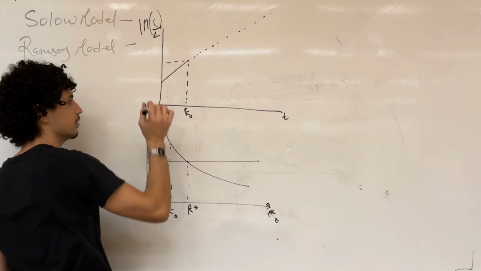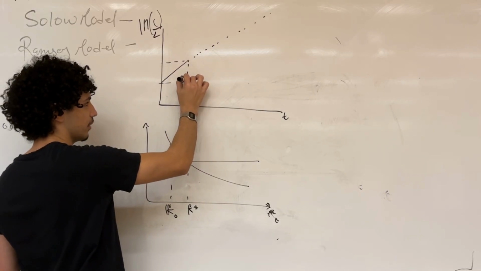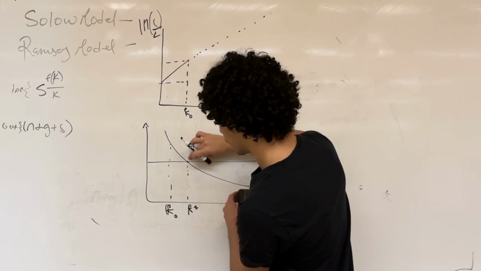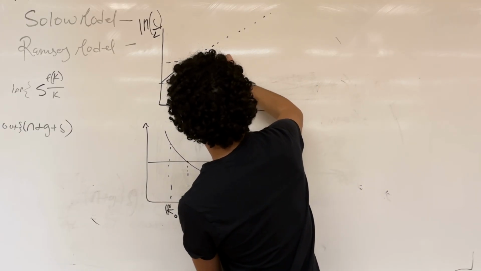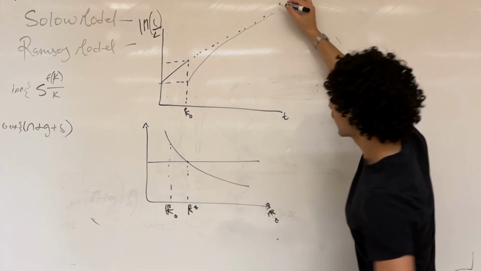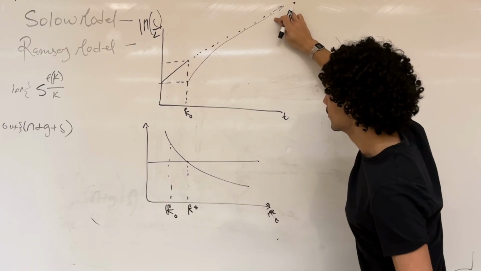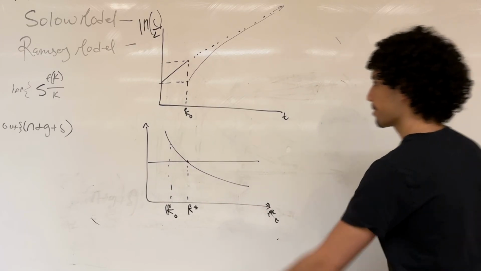Consumption was at this point for now. Now let's have it at this point. So now we're back here. To approach K star, we have to now grow consumption all the way, in infinite time, to get to the projection of how K star would look.